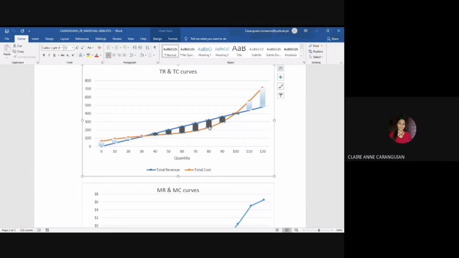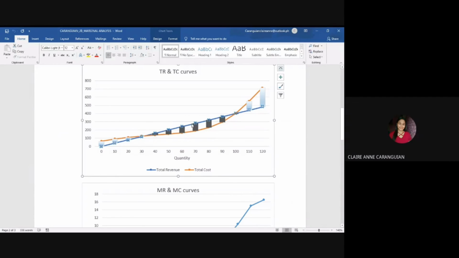They should focus on producing 70 to 80 Sinovac to lessen the losses. So, as I discussed before, so dito nga yung dalawang yun yung makikita. Parang the higher the gap, higher the maximum profit that they will have.